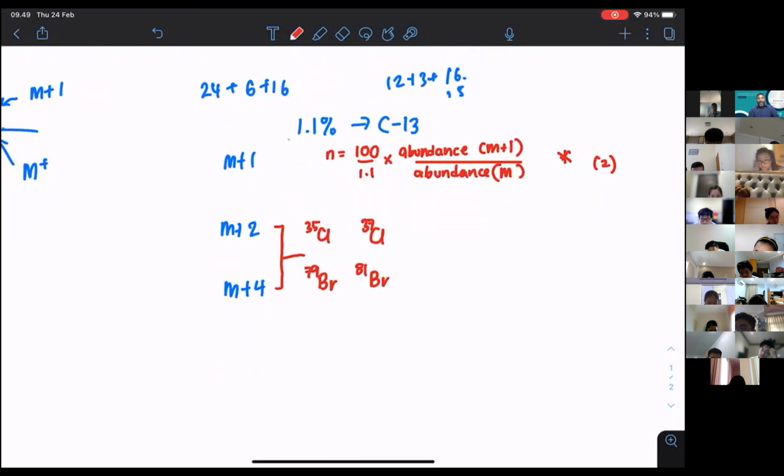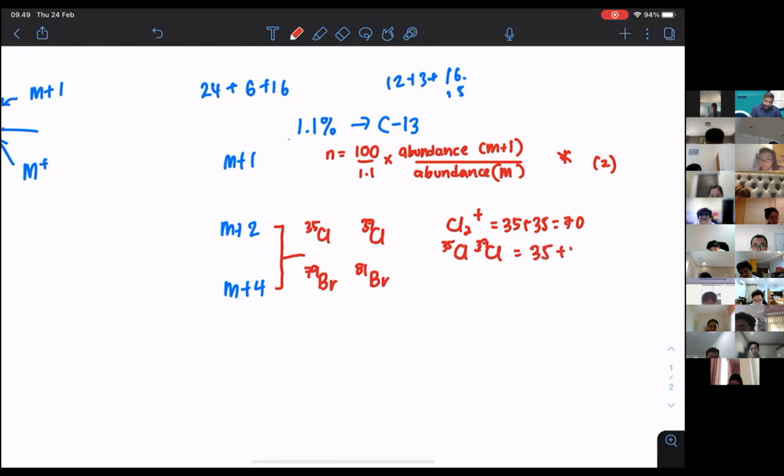Normally when you have Cl2 plus, that is 35 plus 35, which is 70. But sometimes you have Cl2 plus in the form of Cl35 and Cl37, then that's 35 plus 37, which is 72. That is going to give you the M plus 2 peak.